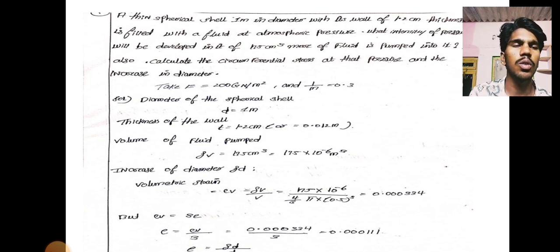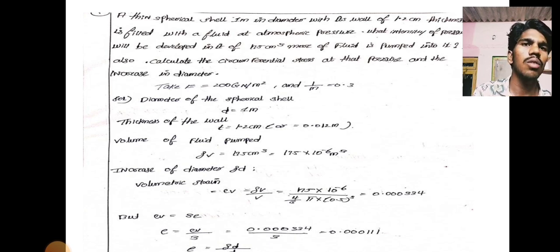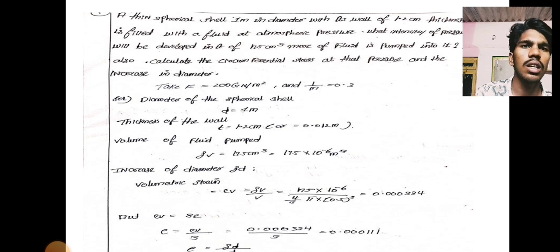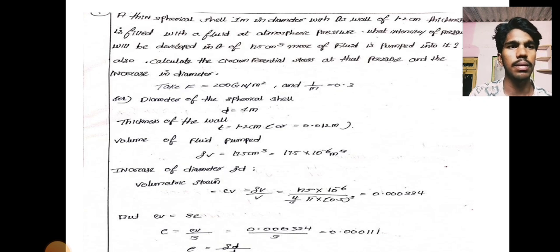Then 175 centimeter cube more fluid is pumped into it. They are asking us to calculate the circumferential stress, the pressure and the increase in diameter. They also gave E equals 200 giganewton per meter square and 1 by m equals 0.3.